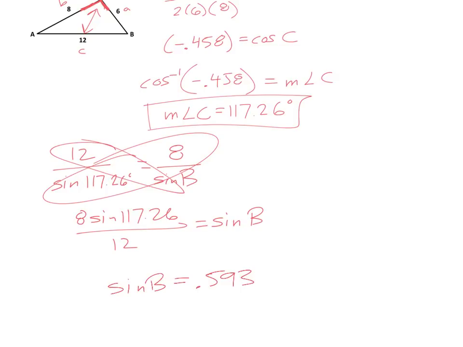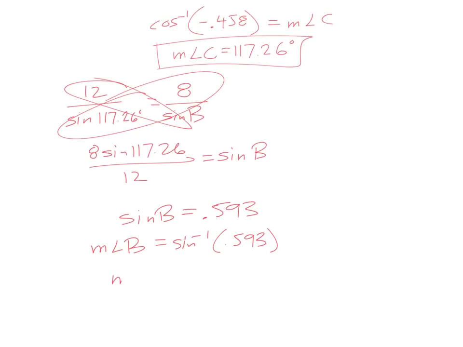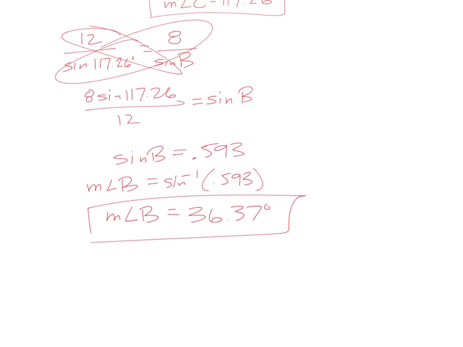And once again, I take the inverse sine of both sides to isolate B, so I get measurement of angle B is equal to inverse sine of 0.593, which is equal to 36.37 degrees. Now to figure out the third angle, I don't have to do anything else. You just subtract the two angles that you just obtained from 180 to figure out measurement of angle A.